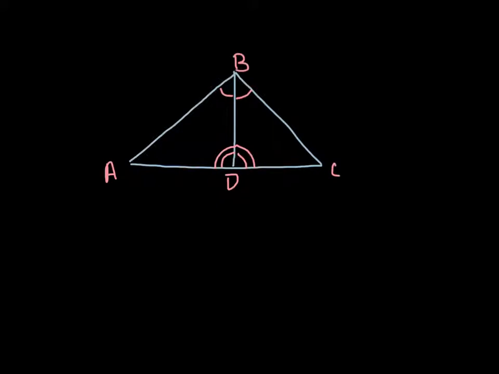In this particular example, we're given that angle ABD, this angle right here, is congruent to angle CBD, or this angle here. And similarly, we're given that angle ADB is congruent to angle CDB. So I can write that as well.